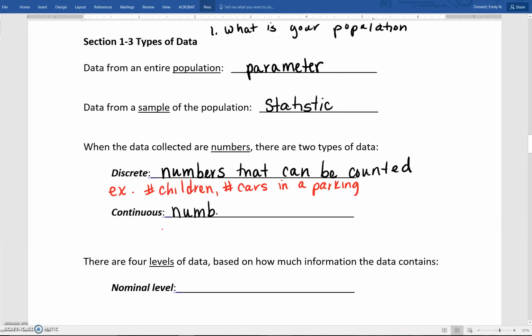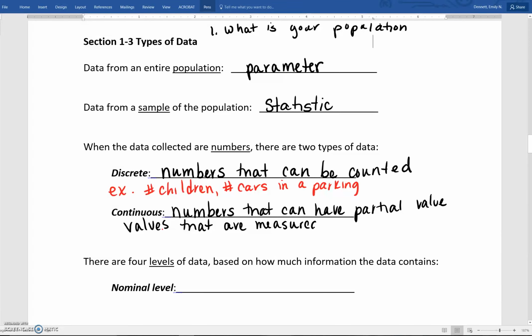Numbers that can have any partial value, where you could have 2.5 of something. So for example, we could talk about the temperature of something, right? A temperature, you could have 98.6 degrees.